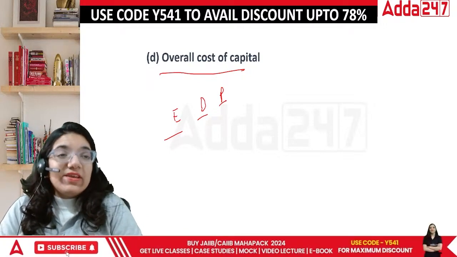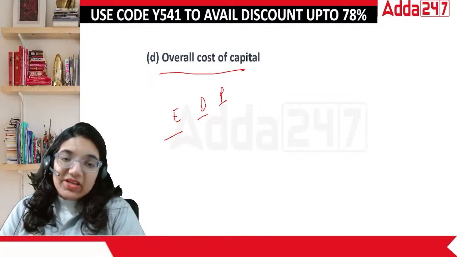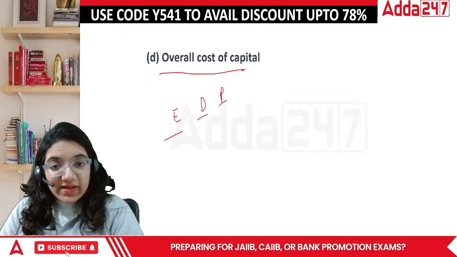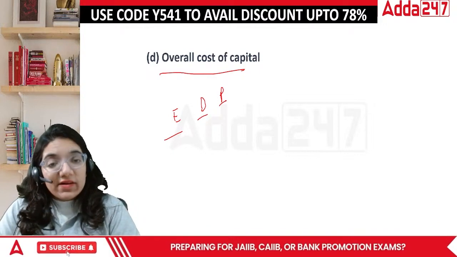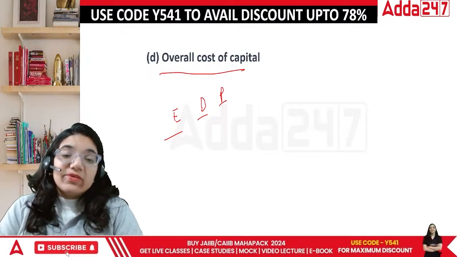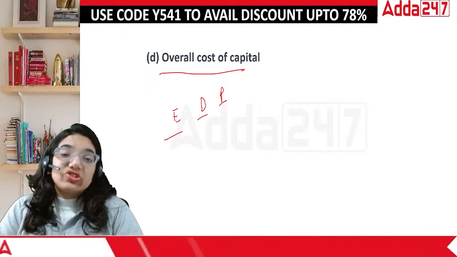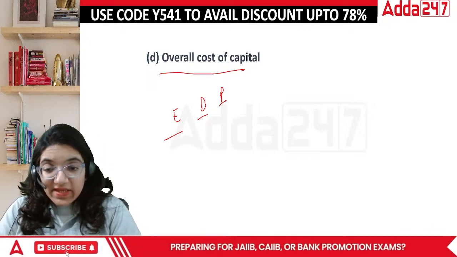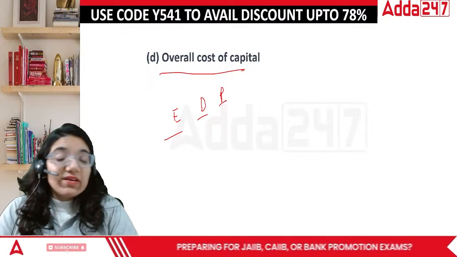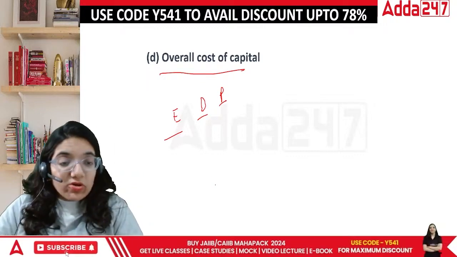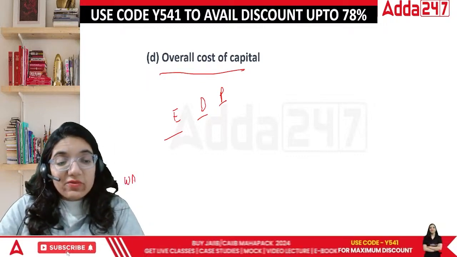Then what will happen? We have a blend of these three. In many organizations, you will find equity and debt. In many organizations, you will find all the three, that is equity, debt, and preference shares, because many organizations have started getting the preference share for their organization as well. So technically, when we have these, why don't we use the overall cost of capital? This is nothing but WACC.